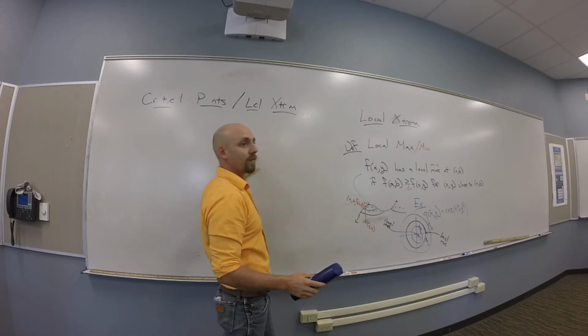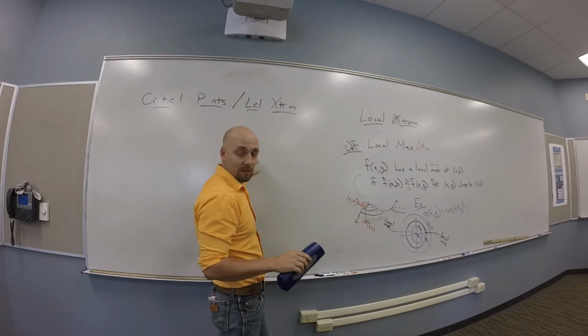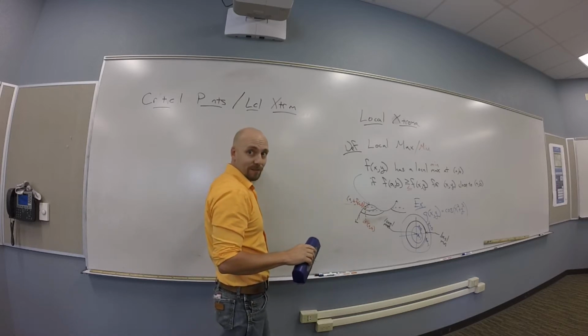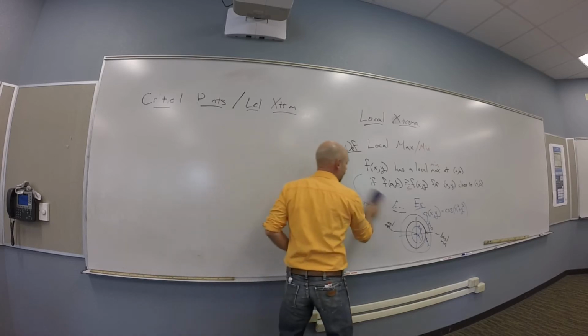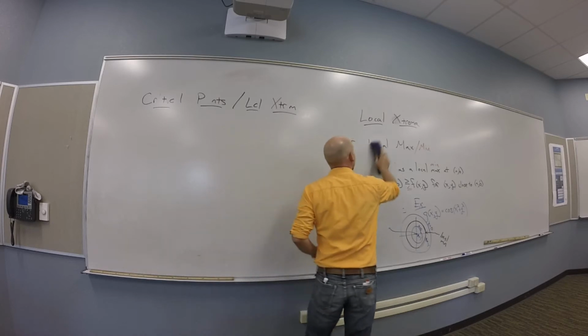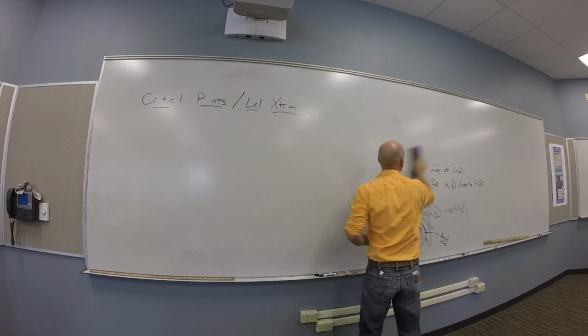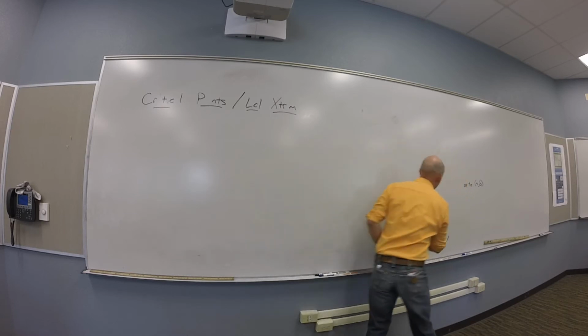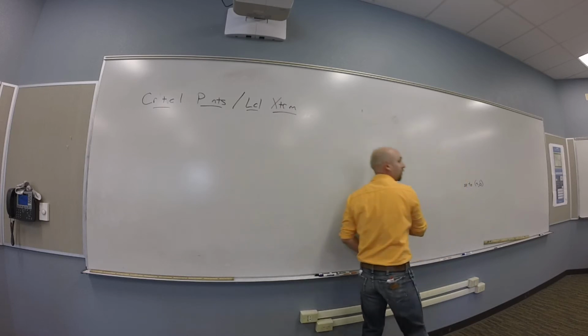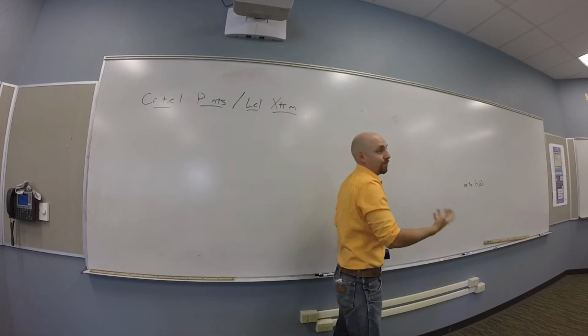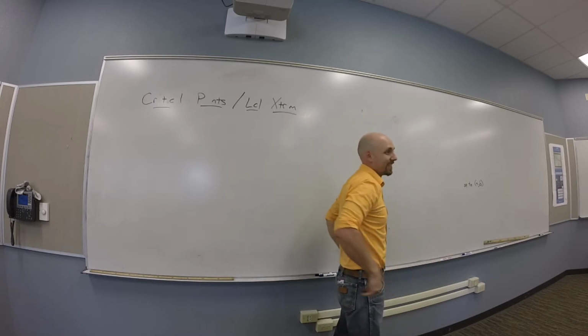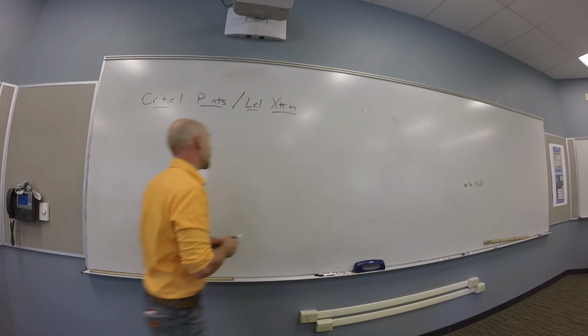Since you have the concept of a saddle, it would be nice if I could find a critical point and then figure out which one of those things it is. But we don't have that tool yet.